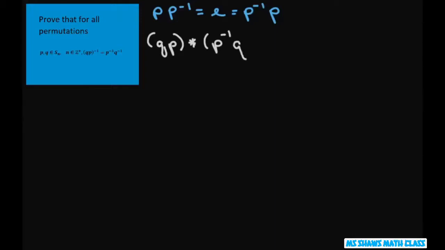So the way you want to do that is just recall also that P times P inverse equals E, which equals P inverse composed with P. So basically what we can do to prove this is set this up as QP star P inverse Q inverse.